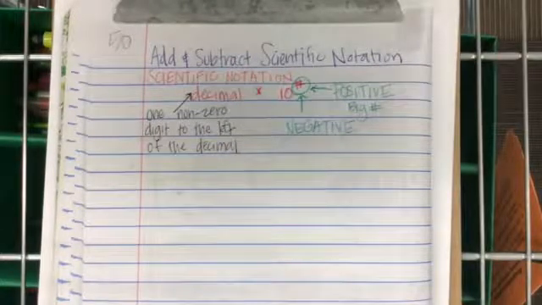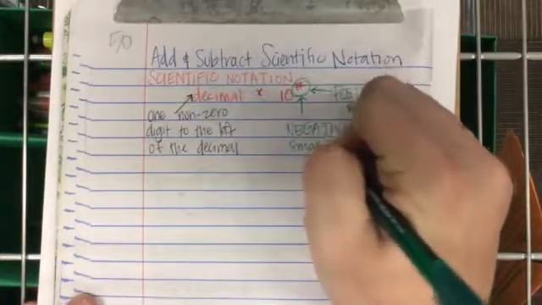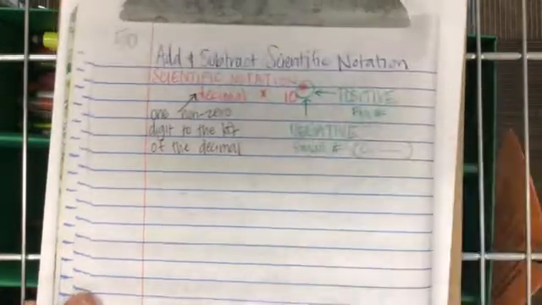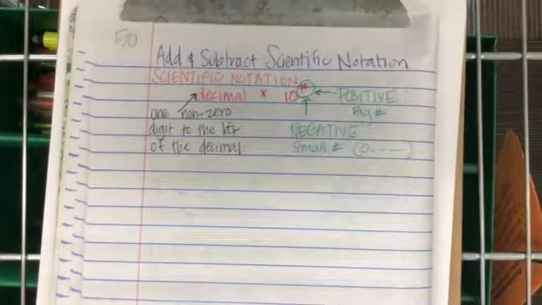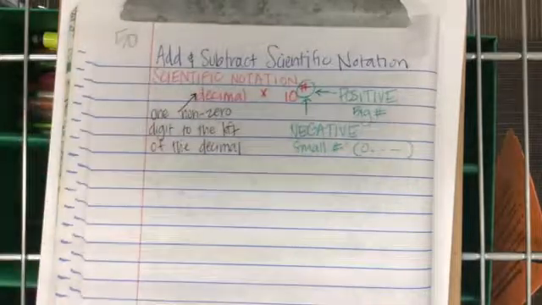If it's a negative exponent, what's the answer? A small number. Meaning it's a 0 point something, right? It's less than 1. Now again, negative decimals kind of screw us up with this whole big and small.